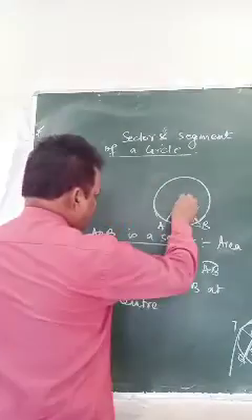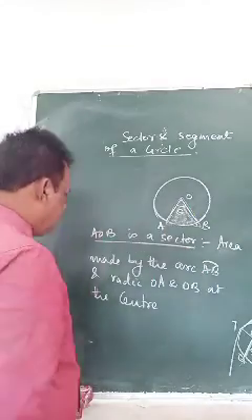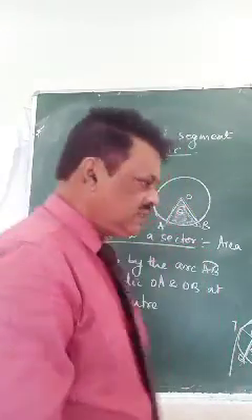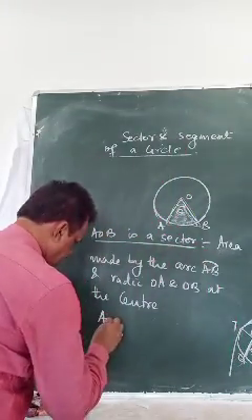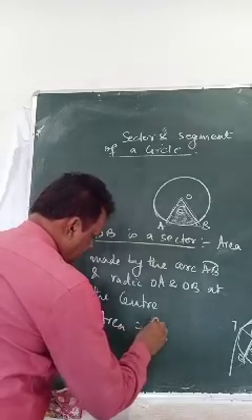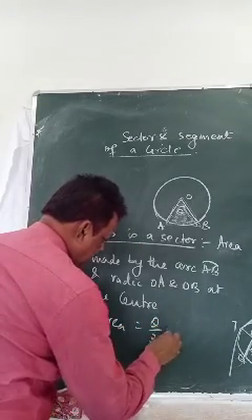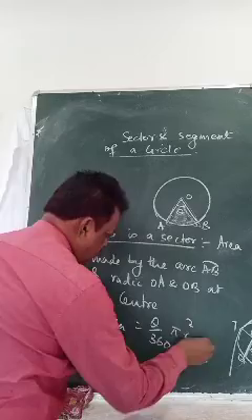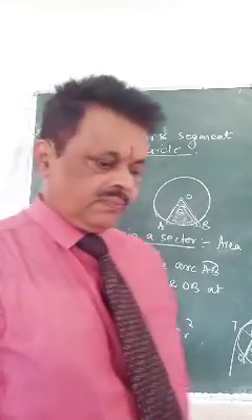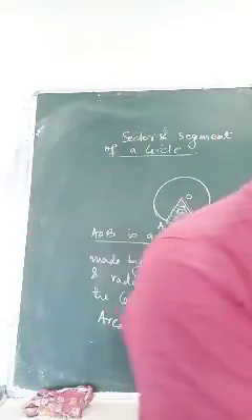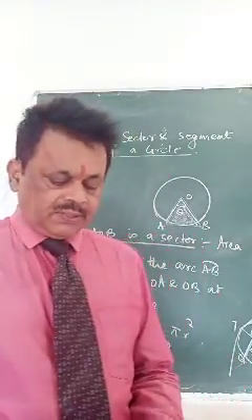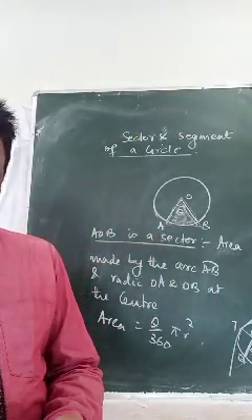So this part is called the sector. What is its area? Area is theta by 360 pi r square. Okay.